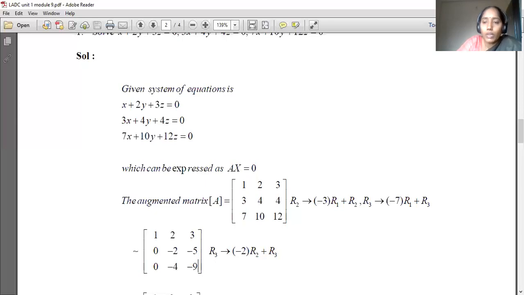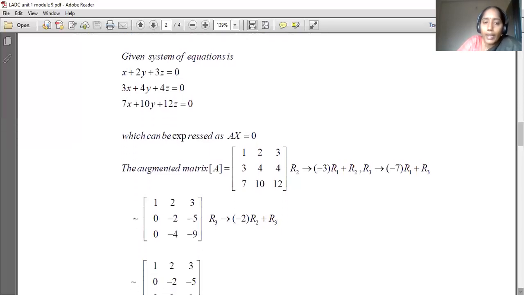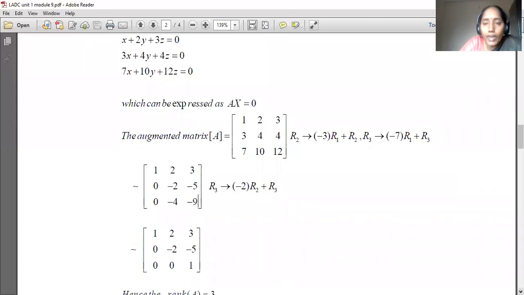Now, after this, again using the pivot element, identify the pivot element in the next row. In the second row, the first non-zero element is the pivot element. The first non-zero element is this one, this is your pivot element, which is -2. Using this pivot element, convert -4 to 0 using an elementary transformation.